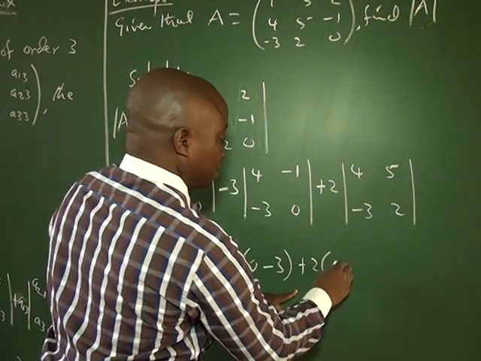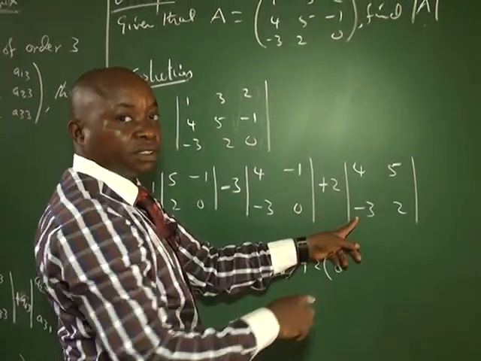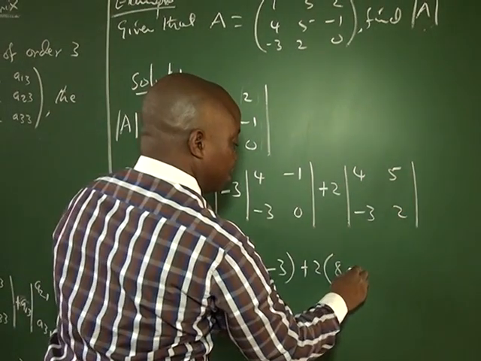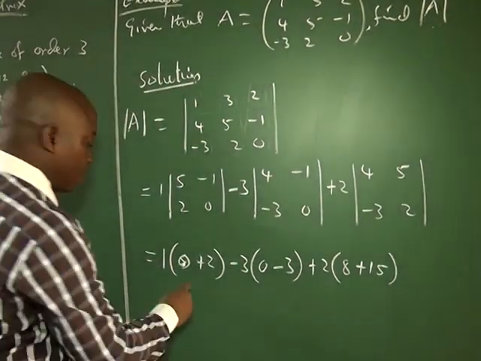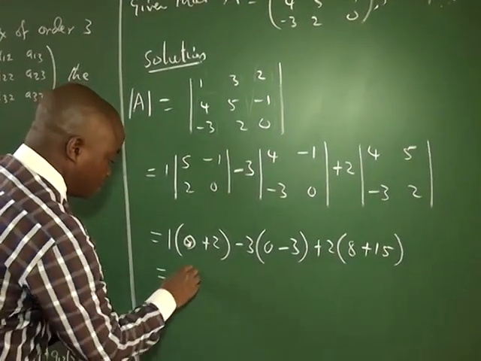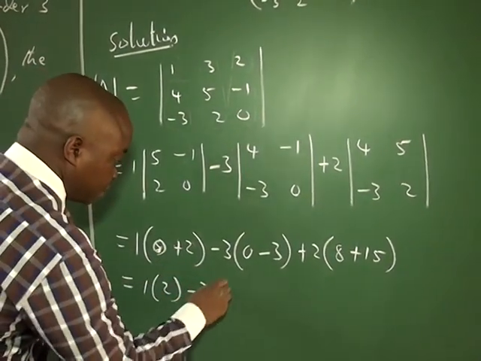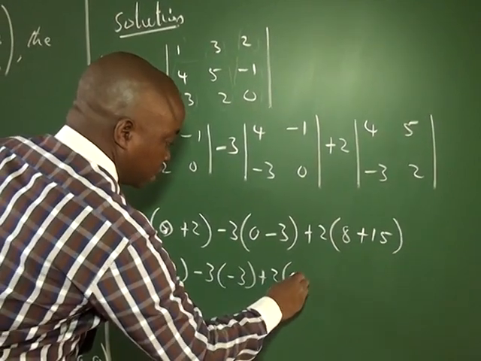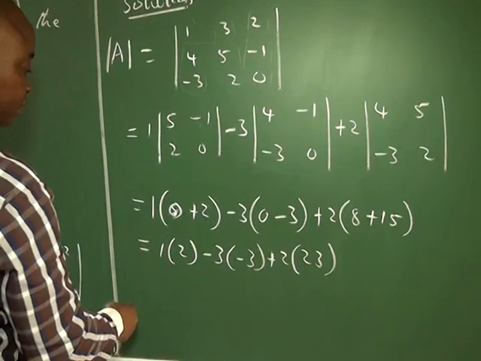4 times 2 is 8. Minus 3 times 5 is minus 15. But the invisible minus makes it plus 15. So we then have 1 times 2, that is 2, plus 0, minus 3 plus 2 times 23. All right.